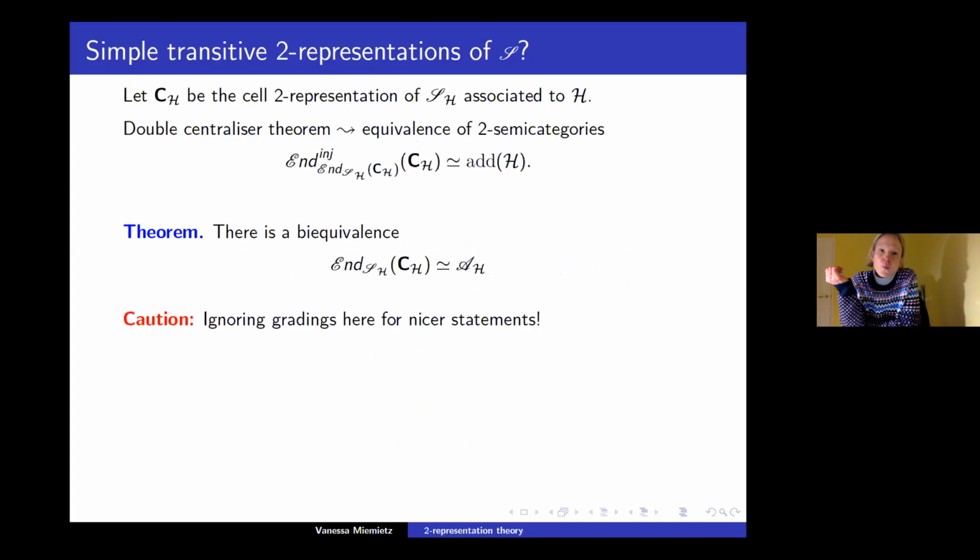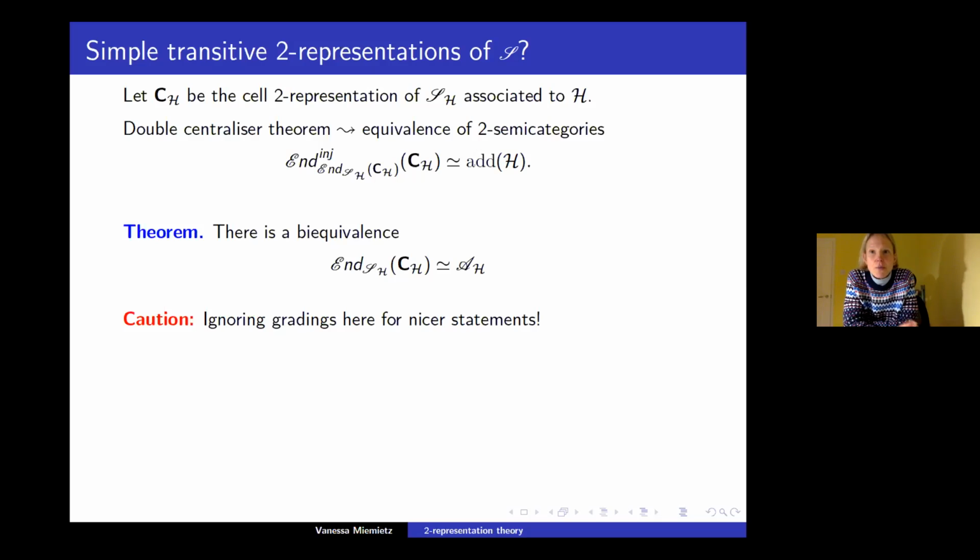So our C_H, the underlying category, C_H of the empty set, is just an additive category. And then, of course, every endofunctor of that extends to a left exact endofunctor of the injective abelianization, and we take those injective objects inside that.